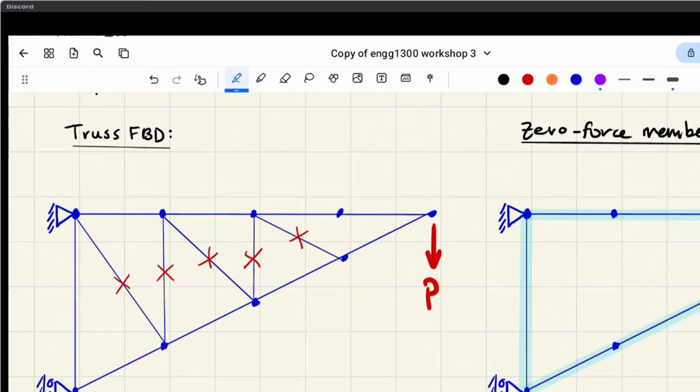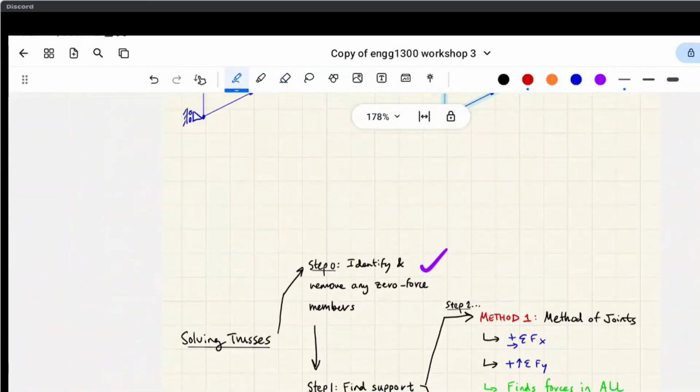If you delete them, you might forget that they existed, and if a question asks you to specify the force in every member, you might forget to list a member, let's say GH, as zero force. So I would cross it out. It's a good habit.